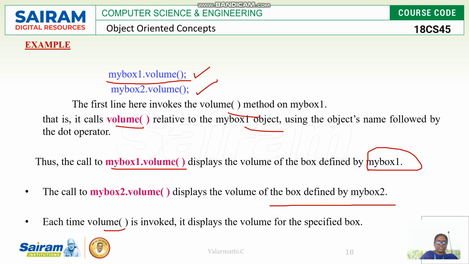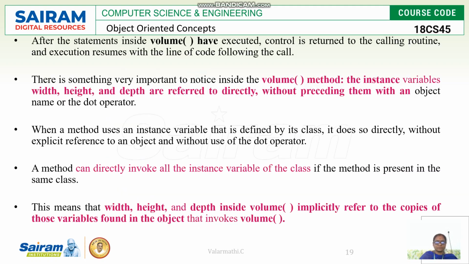Each time volume is invoked, it displays the volume of the specified box. After the statements inside volume have been executed, control is returned to the calling routine, and execution resumes at the line of code following the call.